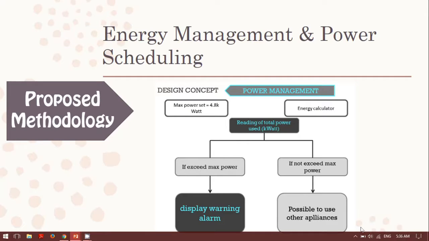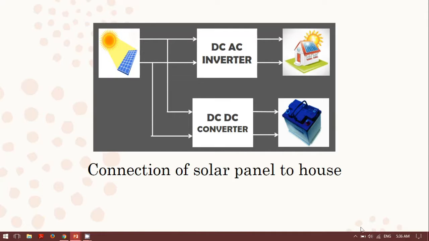Two possible outcomes from this reading are: it exceeds the maximum power, or it does not exceed the maximum power. The first one, if it exceeds maximum power, it will display a warning alarm. And if it does not exceed maximum power, it is possible for the user to use other appliances.